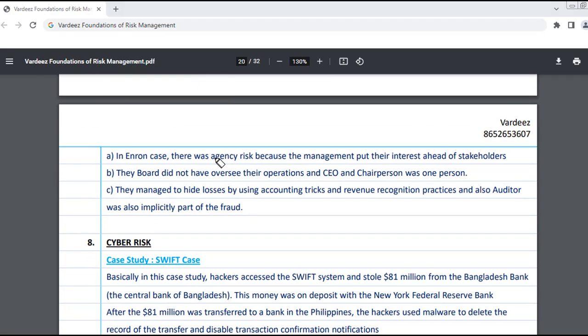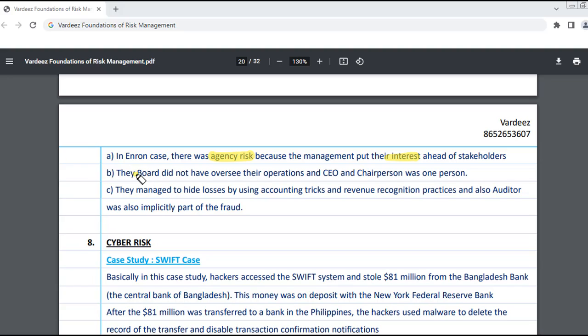In the Enron case, there was clearly agency risk. As I told you, agency risk is a major risk that concerns the stakeholder, because the management put their interest ahead of stakeholders. They just thought of making more money for themselves, and that got them into trouble.